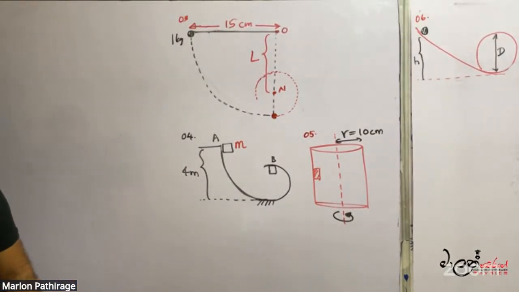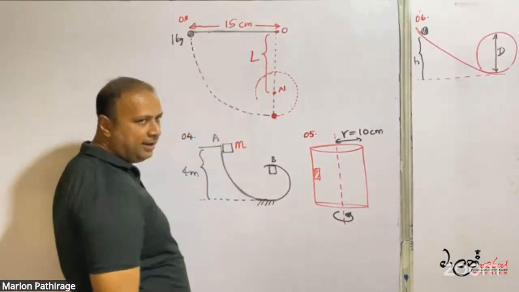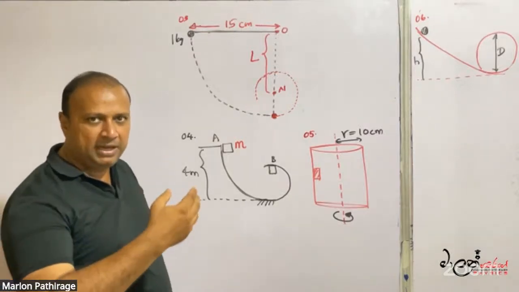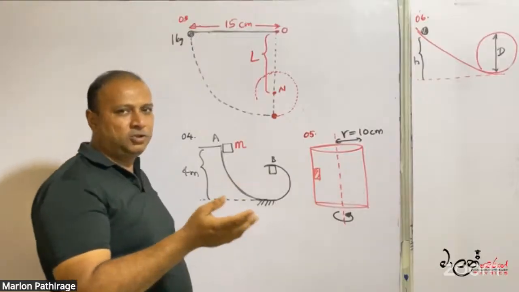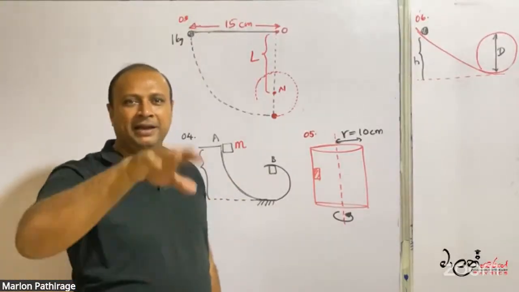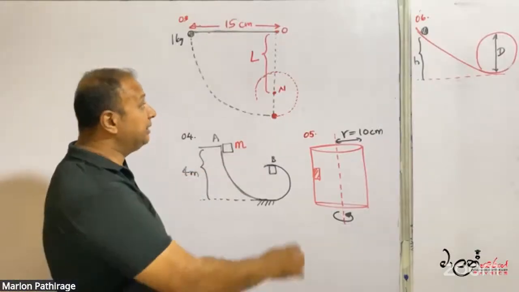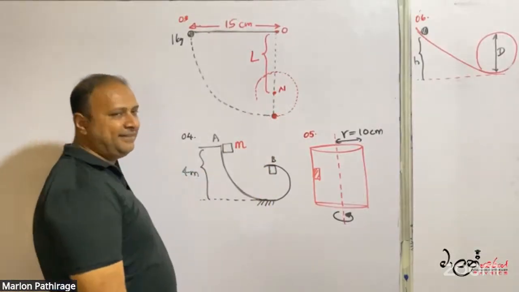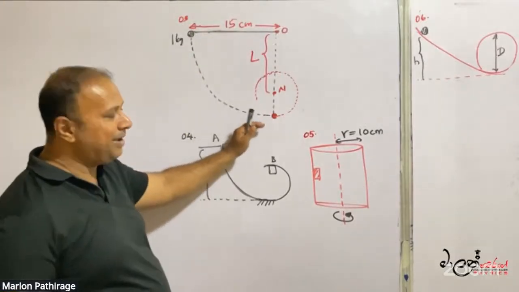Now you are asked to determine the minimum value of L to complete a full circle. To complete a full circle means to complete a full rotation of this object around this nail. So this is the initial circular path.